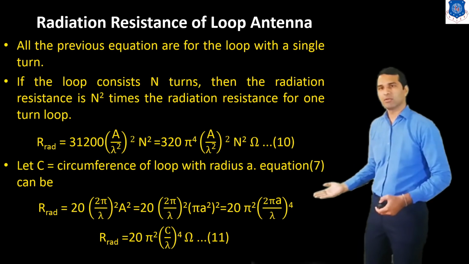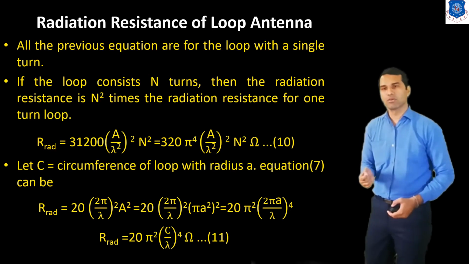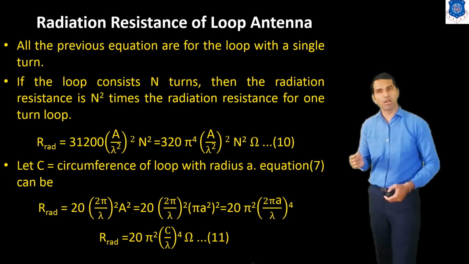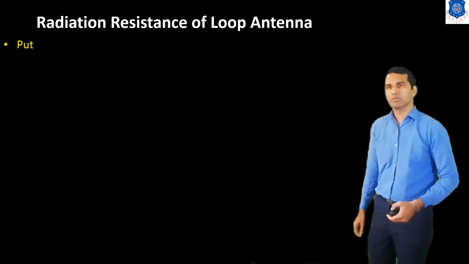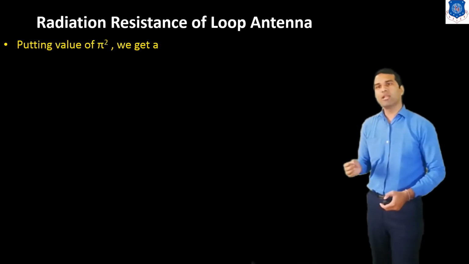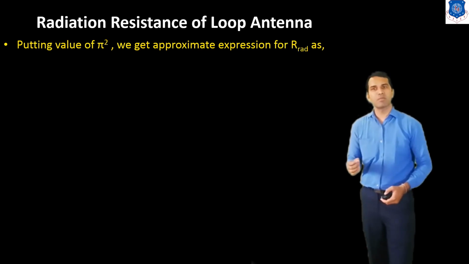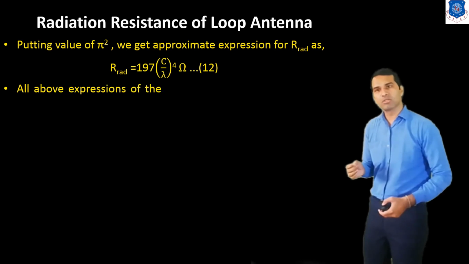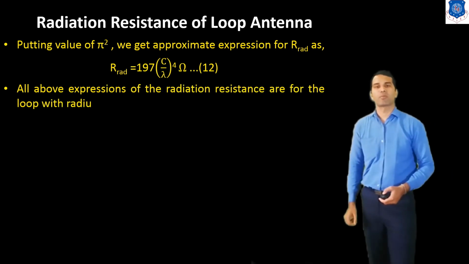So we know that 2 pi a is nothing but C. So we can write this equation as the radiation resistance R radiate is equal to 20 pi square (C by lambda) raised to 4, and the unit is ohm. Now putting the value of pi square, we can approximate the expression for the radiation resistance as R radiate is equal to 197 (C by lambda) raised to 4.